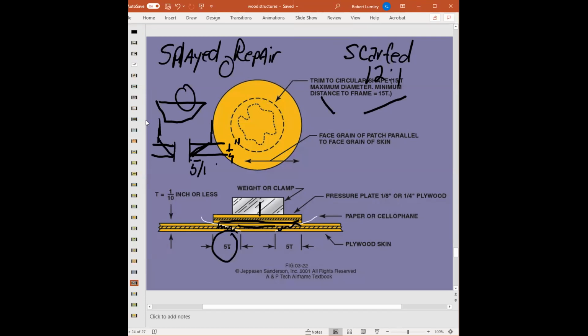Next, the strength of a well-designed and properly prepared wood splice joint is provided by what? And that is the glue. The glue is the strongest part of the repair.